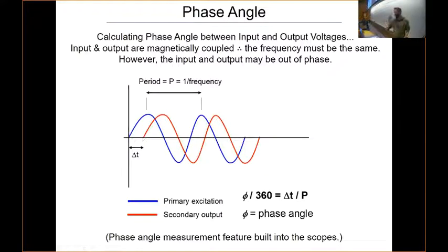Or you can press some more buttons to get it to automatically tell you the phase angle. Either one of those is fine. So that's what this last thing says: phase angle measurement features built into the scopes. You can do it more manually with the cursors and this equation, or you can just press the right buttons to get the phase angle measurement function.